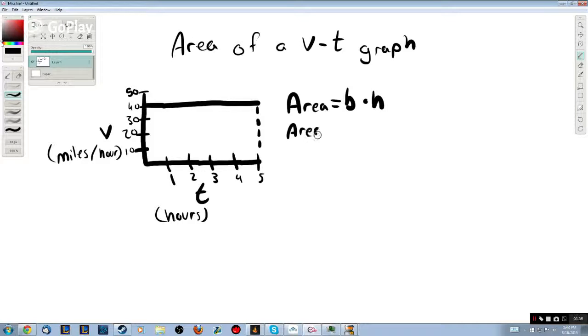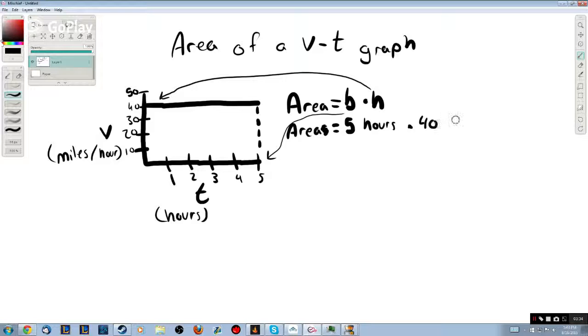In this case, our area is going to be our base, which is our time in hours, so 5 hours, because this goes here. This is our height here, multiplied by our velocity, which is 40 miles per hour.